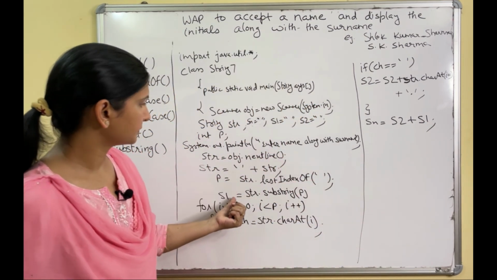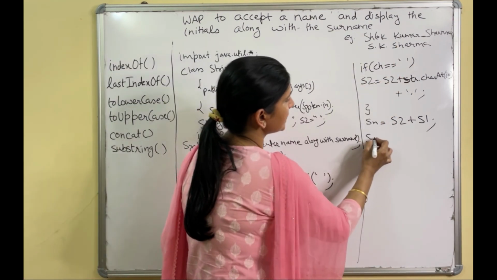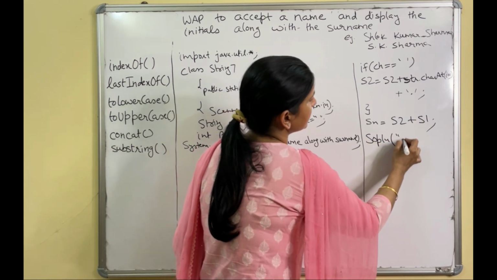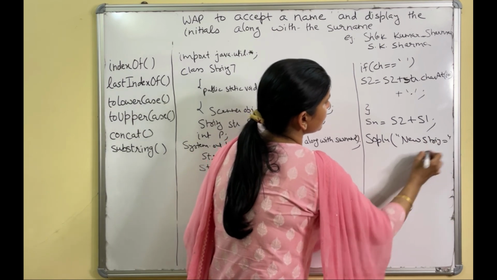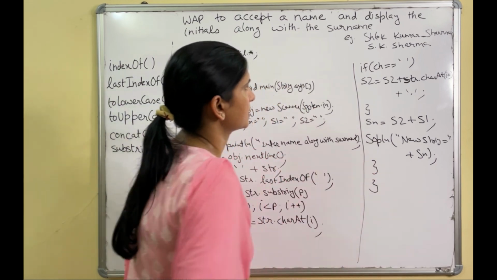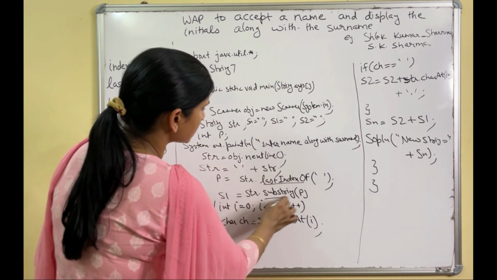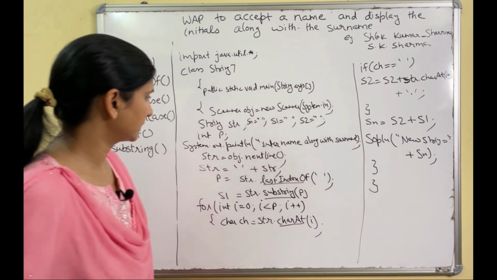S1 here and S2 में S dot K dot and then we will display SOPLN. I have taken new string equals to Sn. Main close, class close. So we have used in lastIndexOf, substring, charAt, and this is the charAt only.